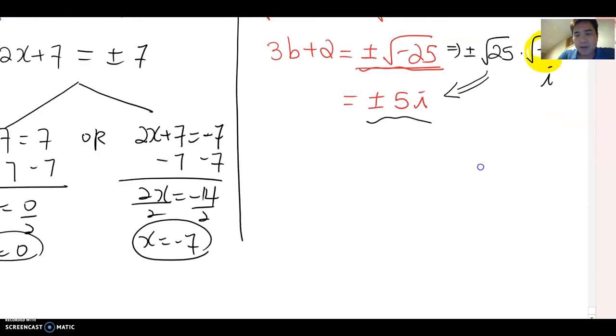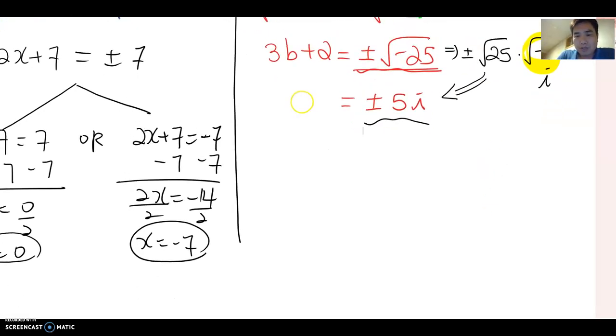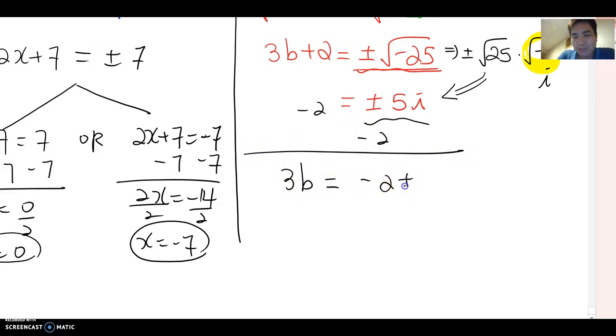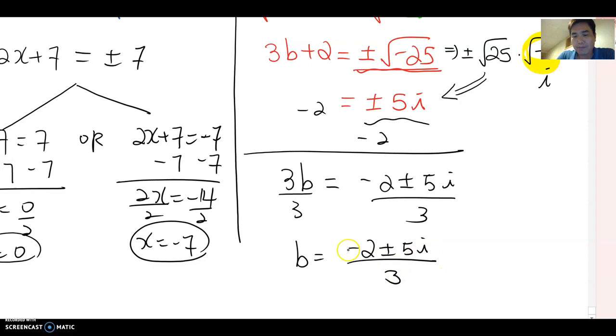So now you can just subtract 2 first. Then this becomes 3b equal to negative 2 plus and minus 5i, and divide by 3. Then b equals negative 2 plus and minus 5i, all over 3.